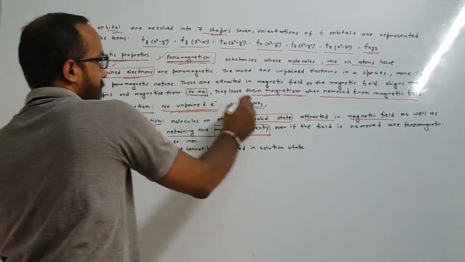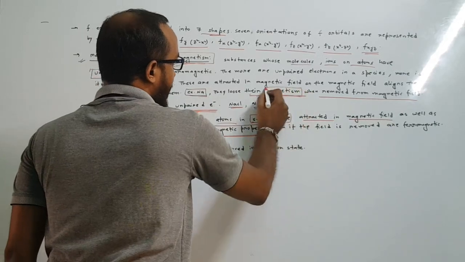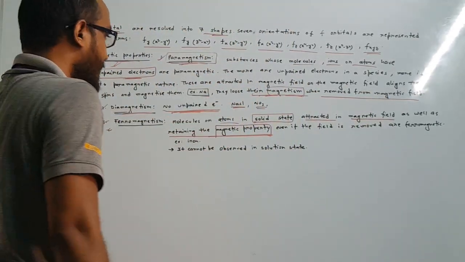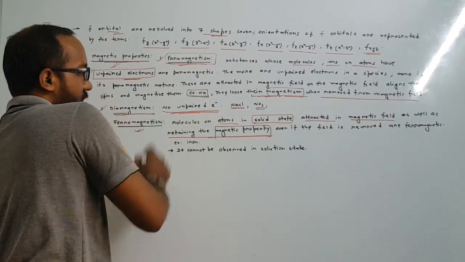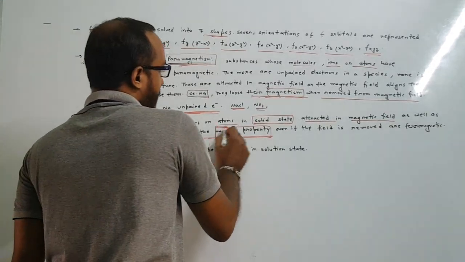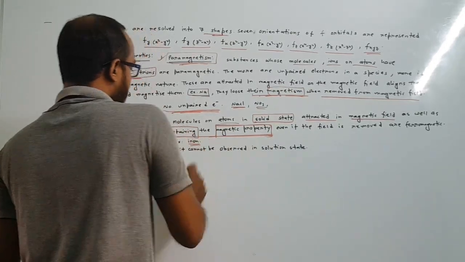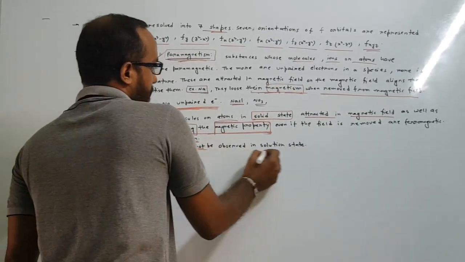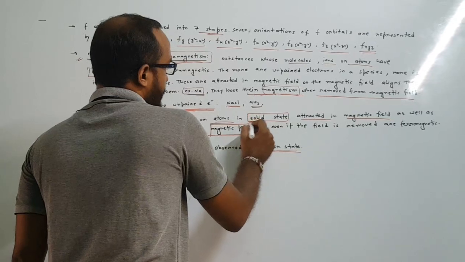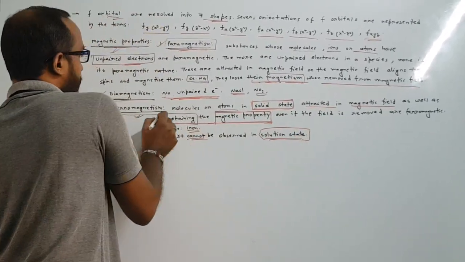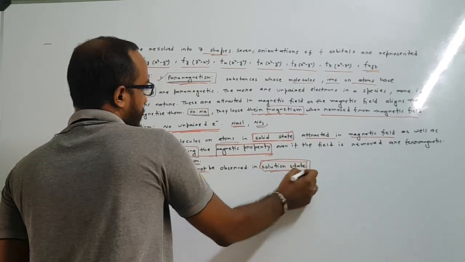But if we remove the magnetic field, the magnetic property will vanish. But in ferromagnetic material, the magnetic property will be retained. The example is iron, and it cannot be observed in solution state. It can be observed only in solid state.